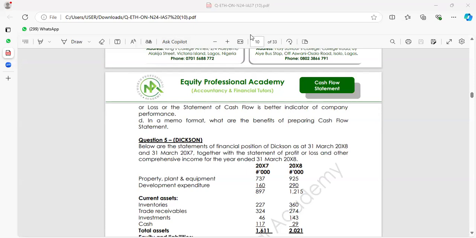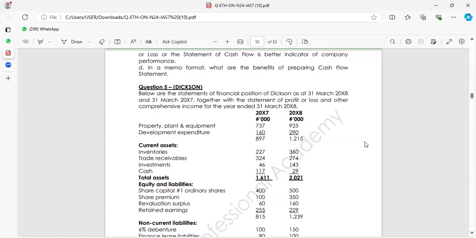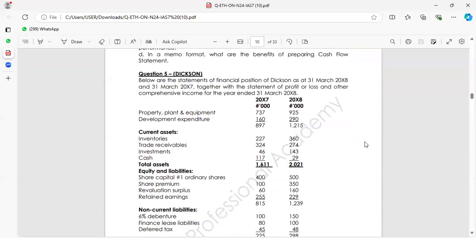Financing activities, and it's an outflow. The way you have identified them is the same way here.